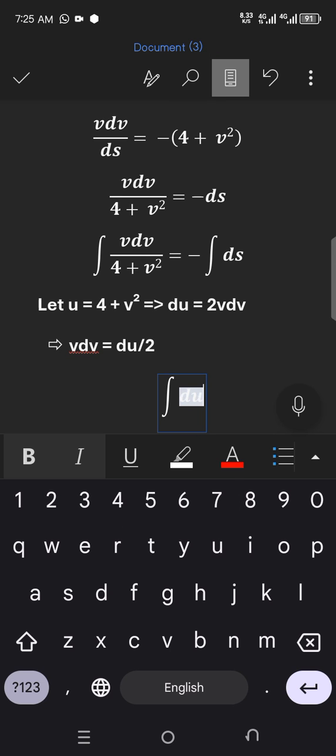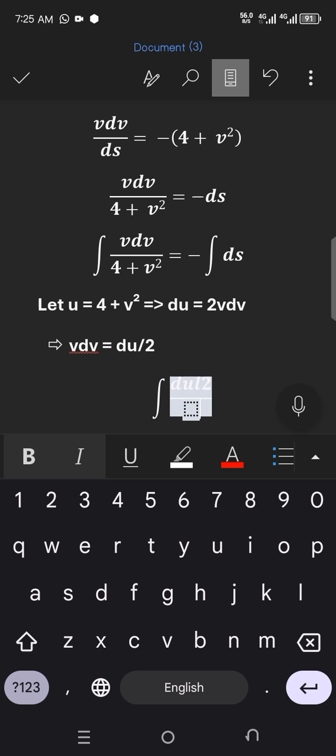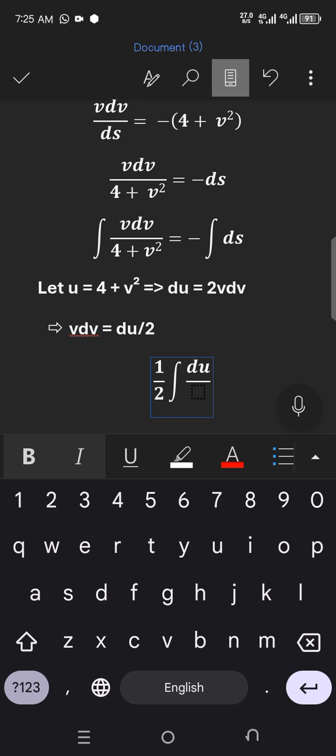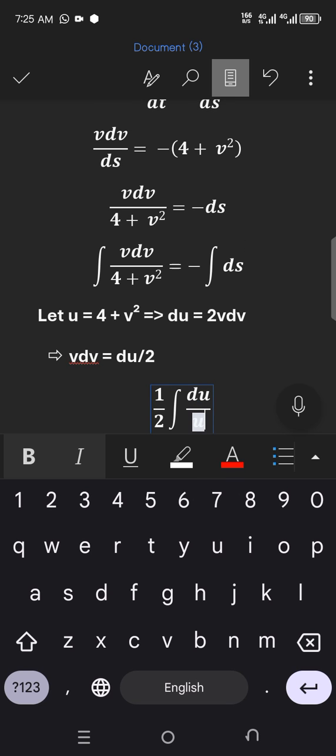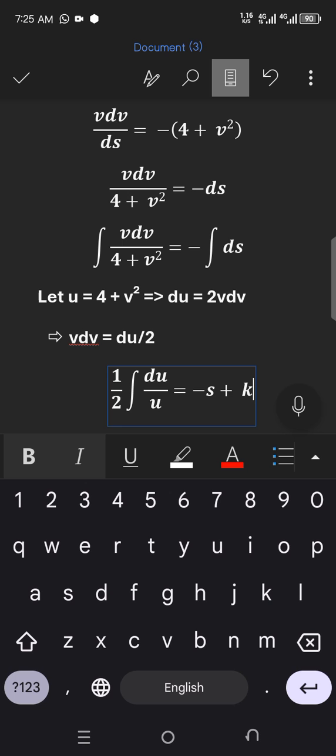We put du divided by 2. Then this is du. I'll just put a half outside because dividing by 2 is equivalent to multiplying by half. Now my denominator is just u, then equal to negative s, plus a constant of integration.